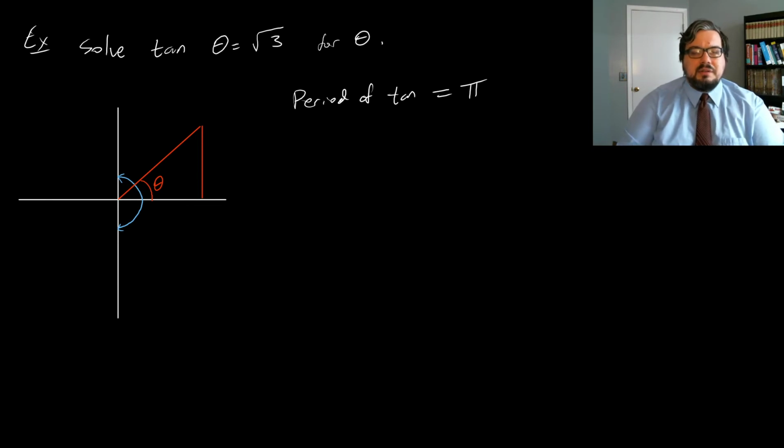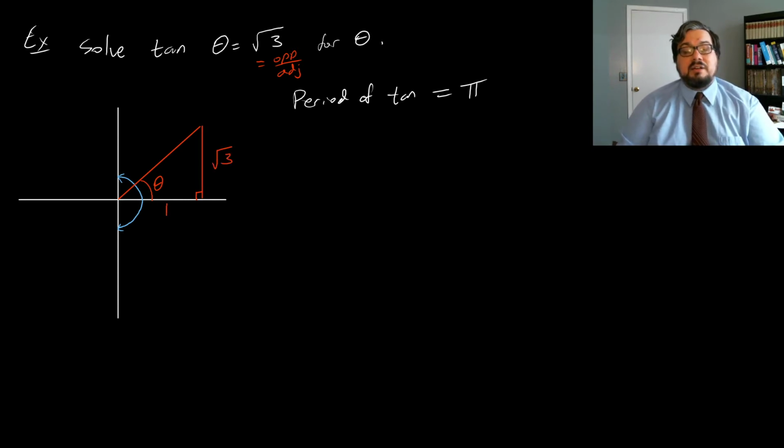Now we know that tangent is equal to opposite over adjacent, and therefore we can label this triangle with a square root of 3 over 1. This triangle will have a tangent value, or this angle, theta rather, will have a tangent value of square root of 3.